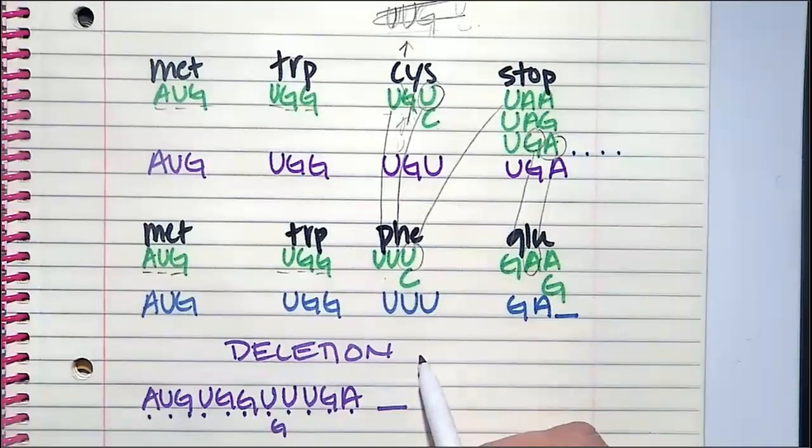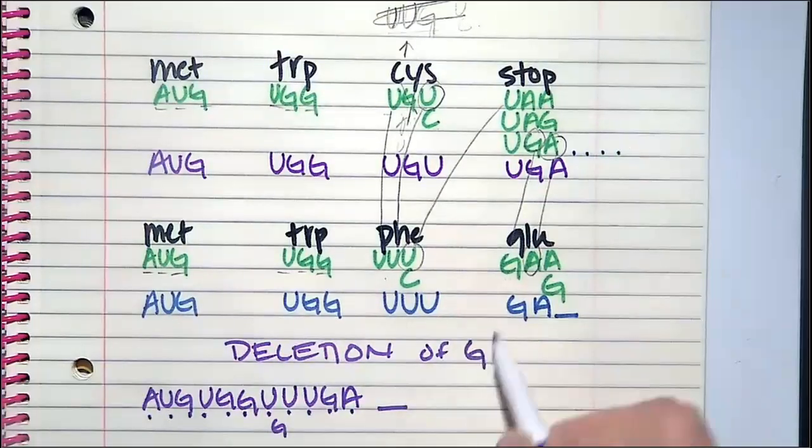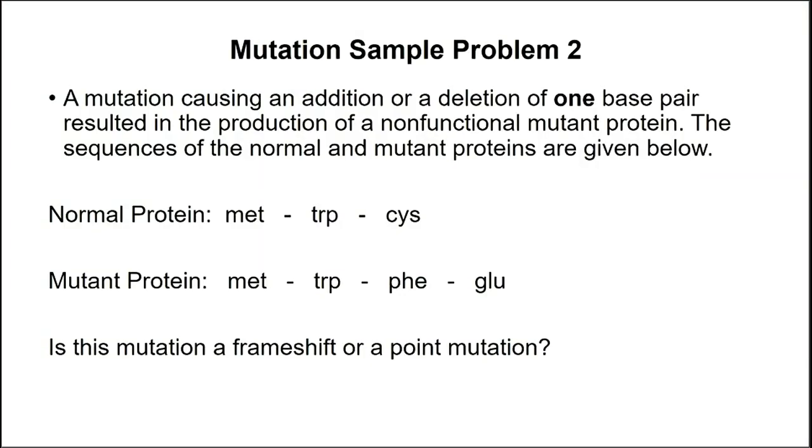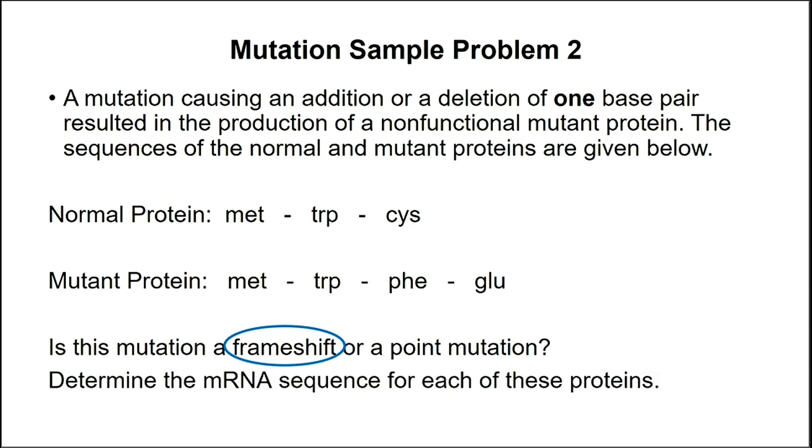So again, it was a deletion of this G. So this is a frameshift mutation.